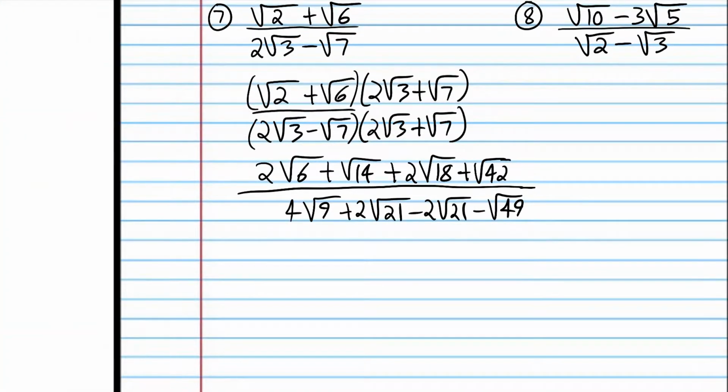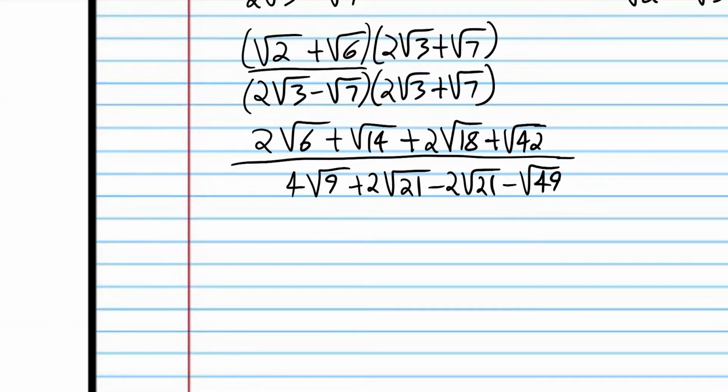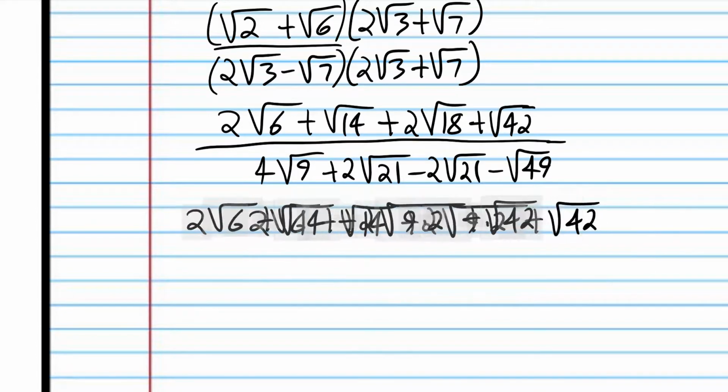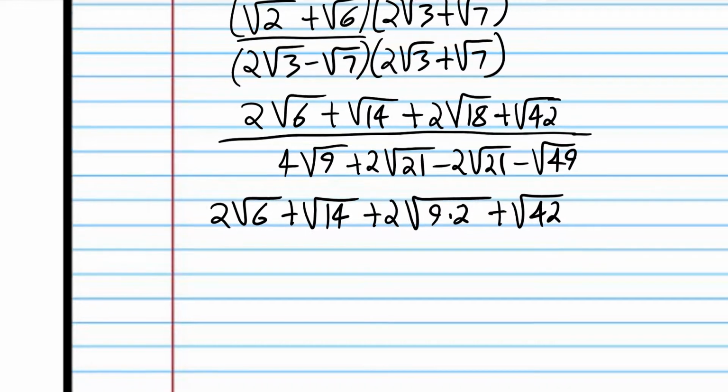And so on the top, those are all unlike terms, so there's not really much we can do except pull out that perfect square from the 18. So that's 9 times 2. And that 9 is going to come out as a 3.